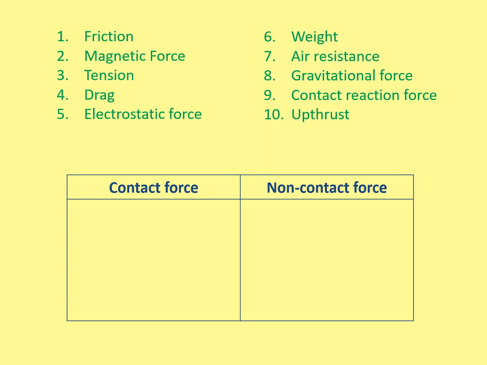Okay, now you've named all of the forces. What I want you to do is have a think back at all of these forces and put them into two categories. The two categories we're doing is contact and non-contact. So have a think back at the diagrams, think back at the names. If they are contact, they will be touching. And if they are non-contact, they won't be touching.